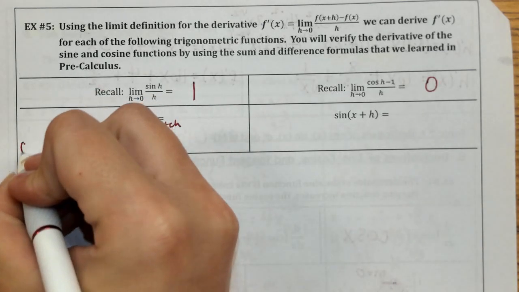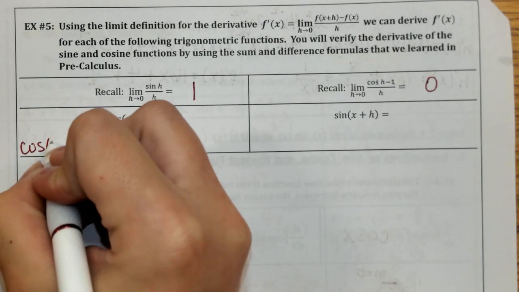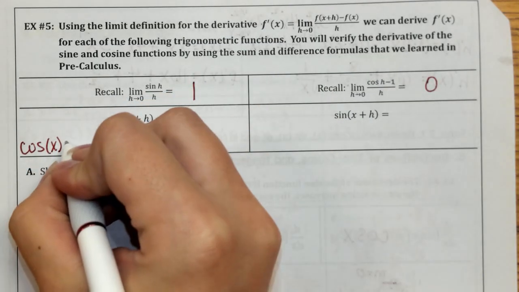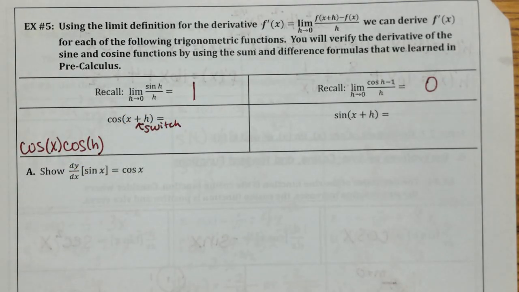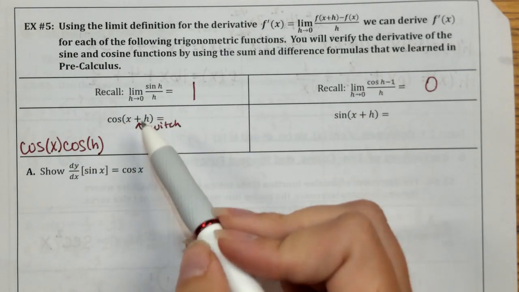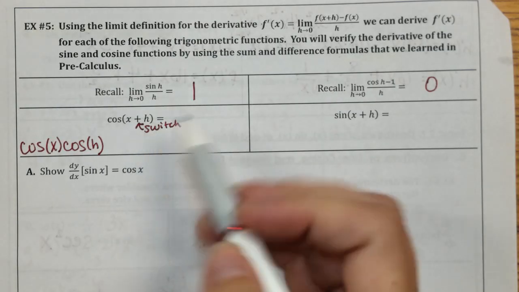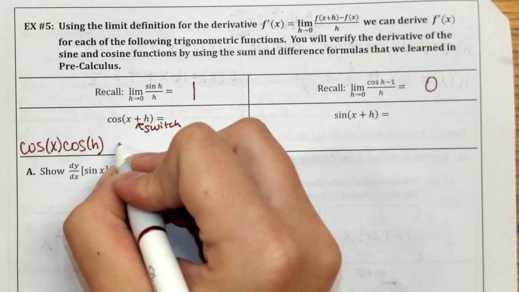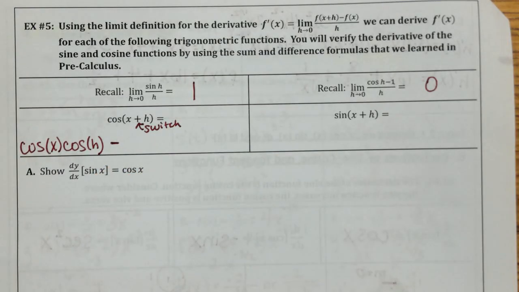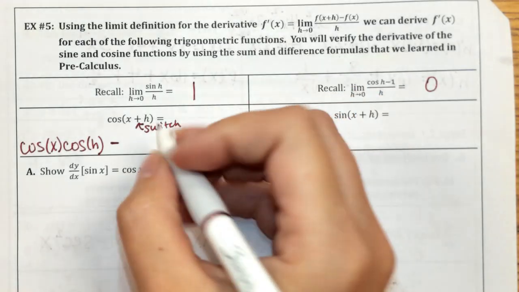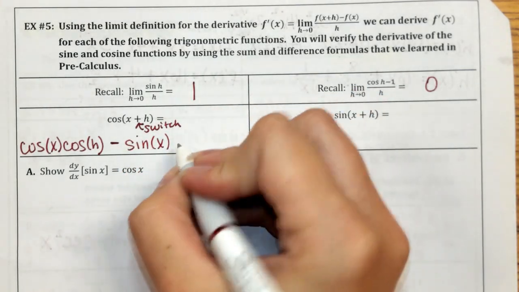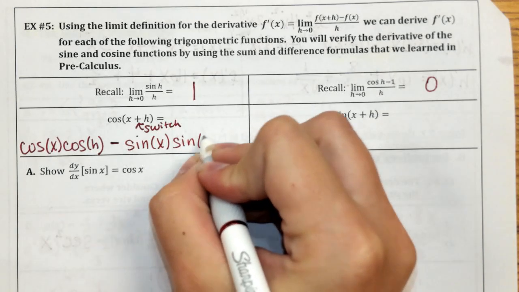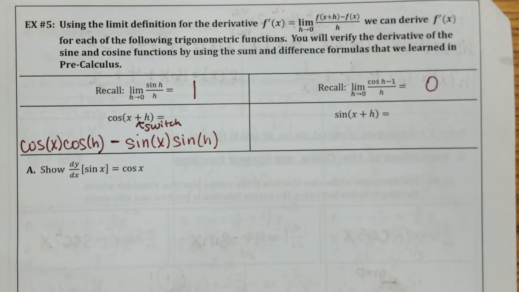It would be cosine x cosine h. Because you have a plus symbol in here, you're going to switch this to a subtraction. And then we're doing sine of x times sine of h.